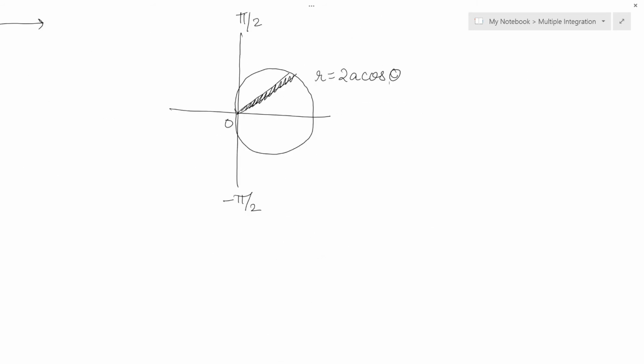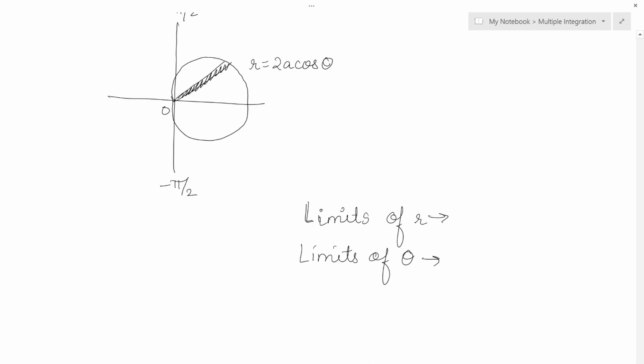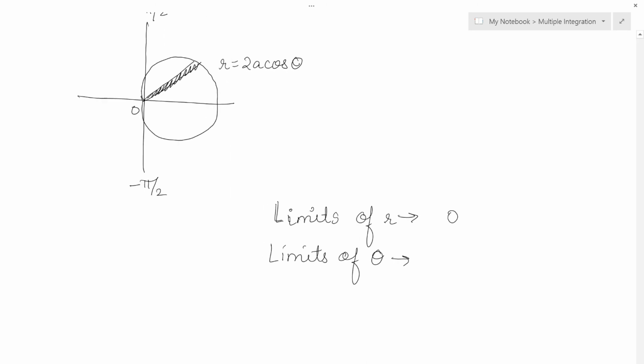So now the limits of r and limits of theta. You know that the inner limits are for r, outer limits are for theta. So for r it will be 0 to 2a cos theta, and for theta it will be minus pi by 2 to pi by 2. So these will be my limits.